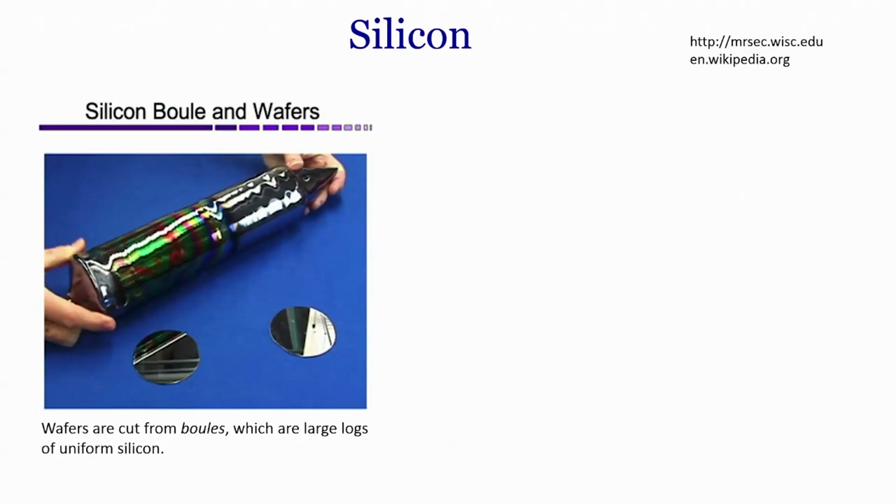That is the idea to understand in today's module. So, let us see silicon on the screen. Silicon boules and wafers: we have just seen a 4-inch wafer, and this wafer comes from boules, which are large logs of uniform silicon, like this.